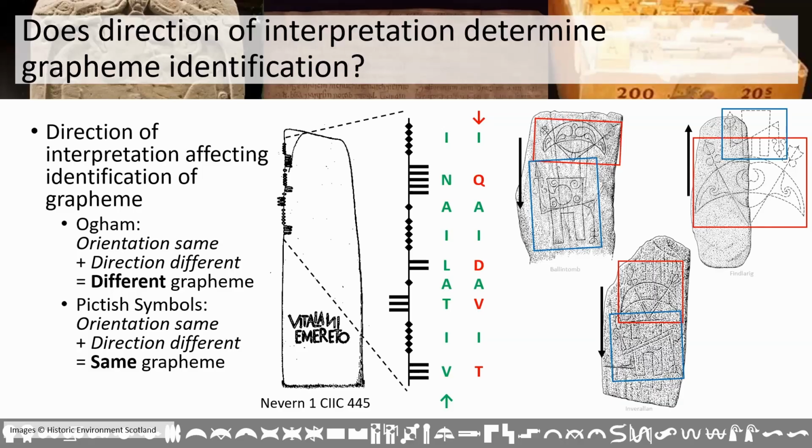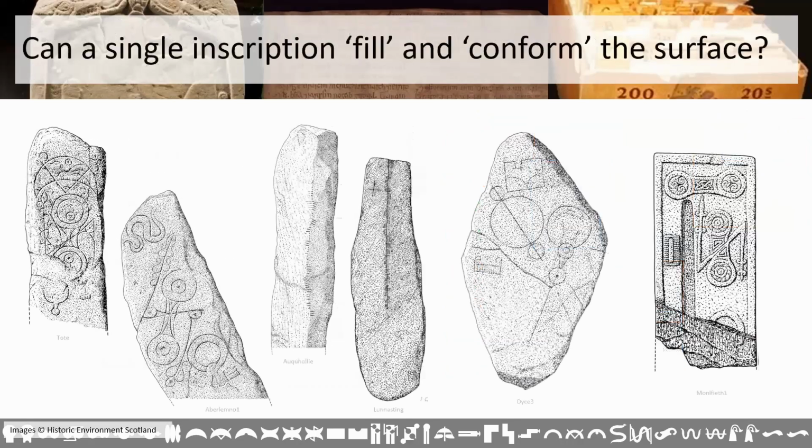So if they're to relate to the same linguistic content, for the one that's interpreted upwards, we haven't had to rotate that upwards to get the same reading, or reflect the crescent so that the points are upwards. The same grapheme is being identified with a different direction of interpretation, which I would argue is consistent with the proposed medium of original use.